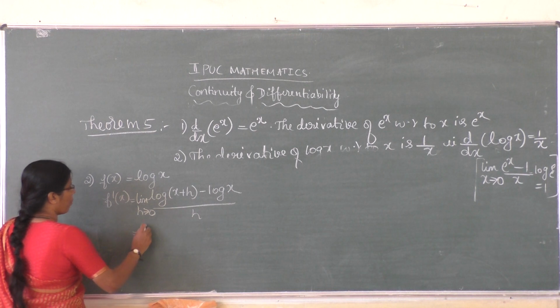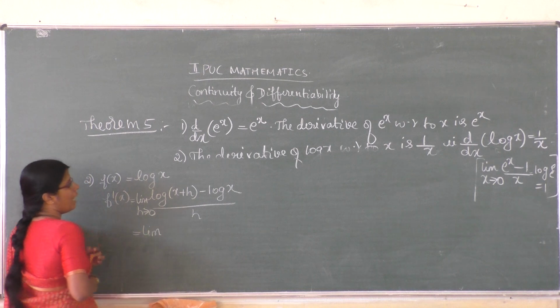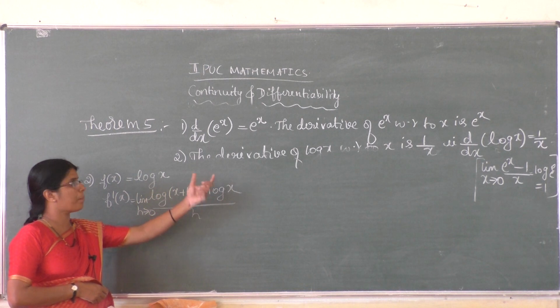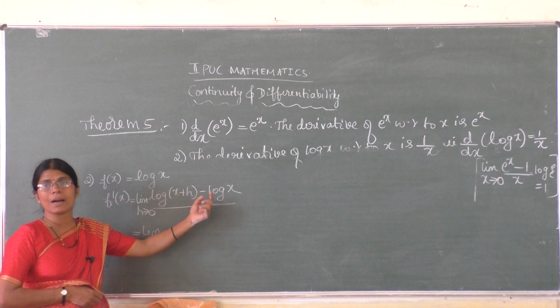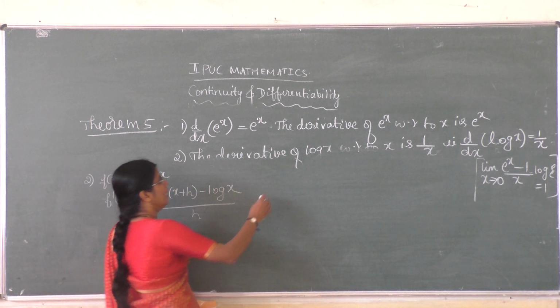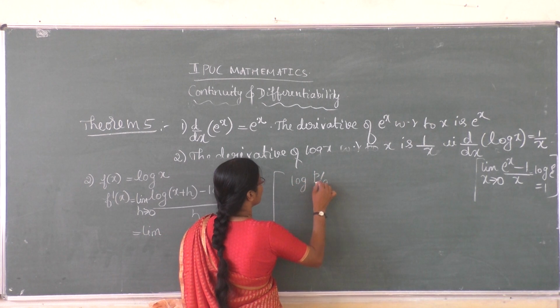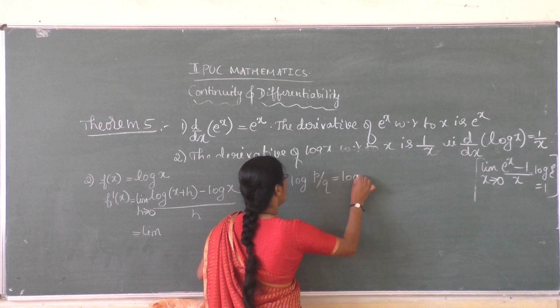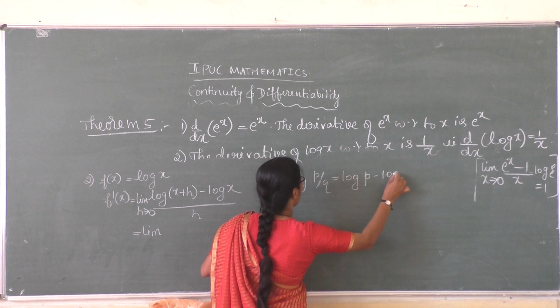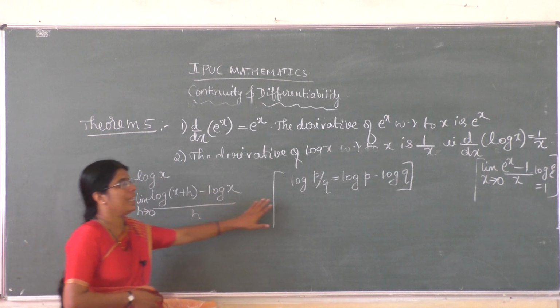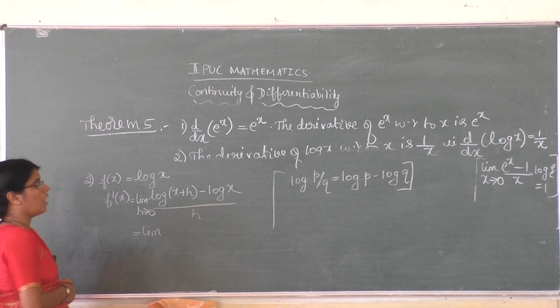Okay, so now limit of log (x plus h) minus log x, that property log p minus log q. Suppose you have log p by q, that is nothing but log p minus log q, which we had in the properties of logarithm.